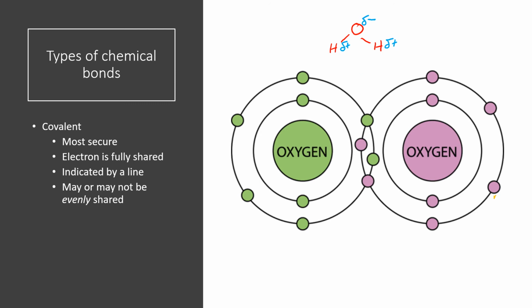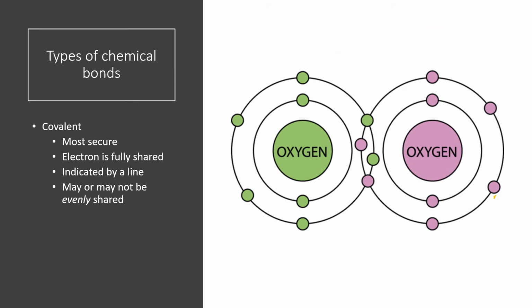Because you have a slightly negative and a slightly positive end to this molecule, we refer to this as a polar molecule. It has polarity. There is a negative end and a positive end. Now, the partialness of this is important.